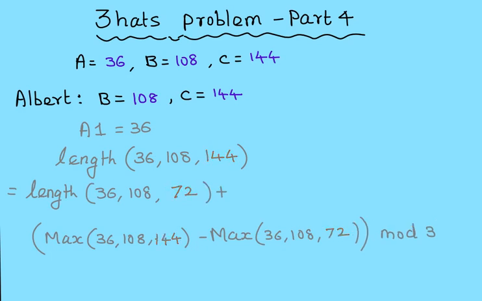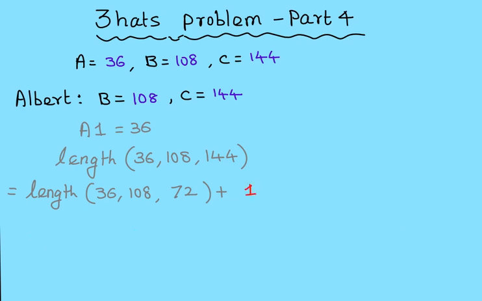Note in max of 36, 108, 144, 144 is the largest, so it is 2. Similarly in max of 36, 108, 72, 108 is the largest, so it is 1. So we get this. Now similarly we use recursion for length of 36, 108, 72.